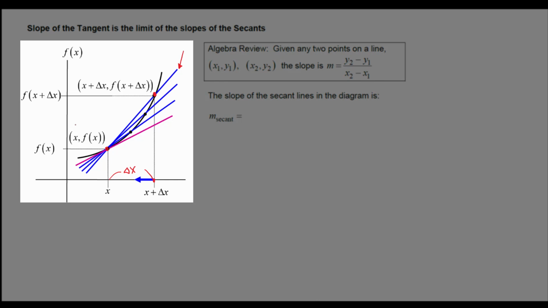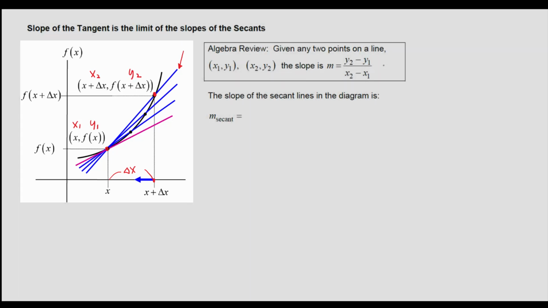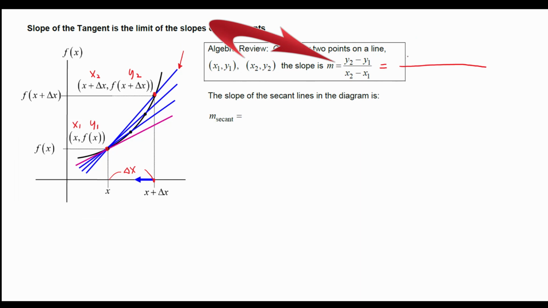Again, go back to the picture. Here's my x1, y1. Here's your x2, y2. Let's plug in right here. y2 is f of x plus delta x, minus y1, which is f of x. x2 is x plus delta x, minus x1, which is just x.